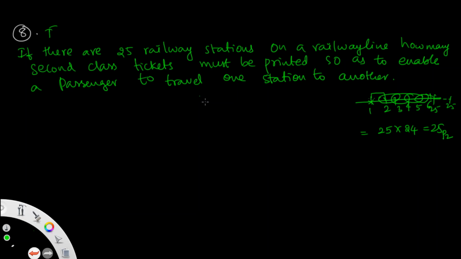Simply use the formula: if there are n places in a row, the number of ways of selecting two consecutive ones, as we just completed, is n minus 1. The same condition should be applied here.